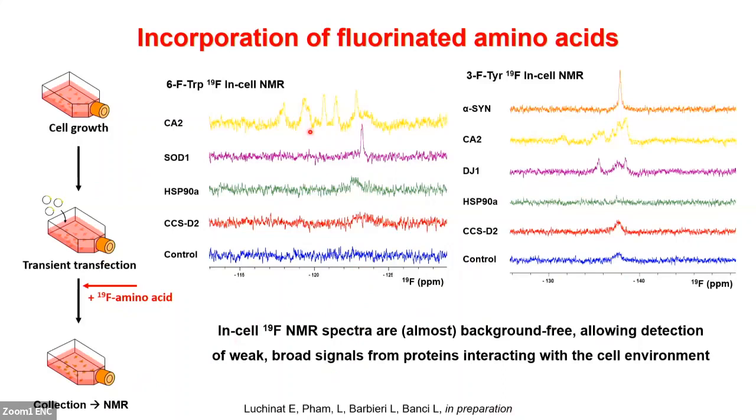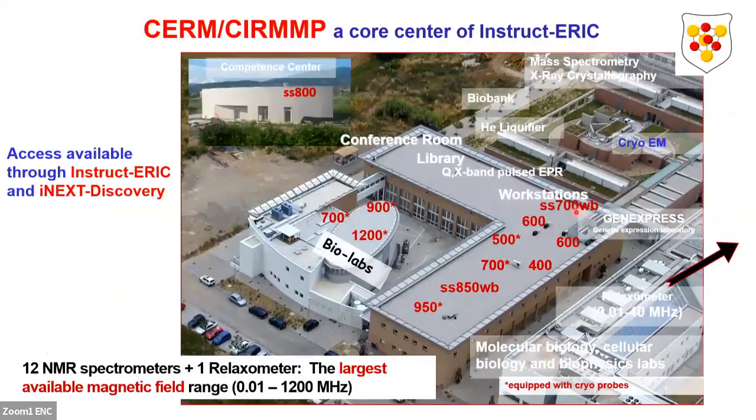So with the approach I developed on this direct expression of the protein, we have been able to also incorporate fluorinated amino acids, as we did for selectively labeled cysteine. This is starting work, really in preparation, so this is new data, but you see that there is a very good efficacy in the binding.